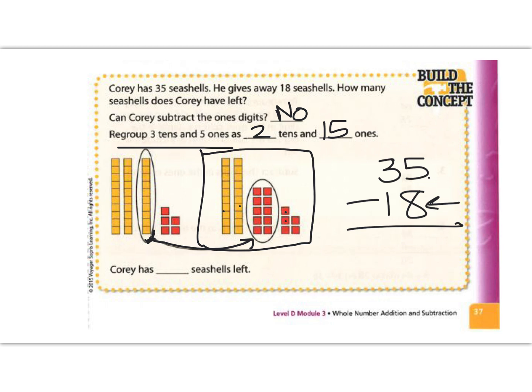Okay, he gives away 18. So he's giving away 10. So we take that one away. 11, 12, 13, 14, 15, 16, 17, 18. So now he has 1 ten, and then he has 1, 2, 3, 4, 5, 6, 7 ones left. So he has 17 seashells left.